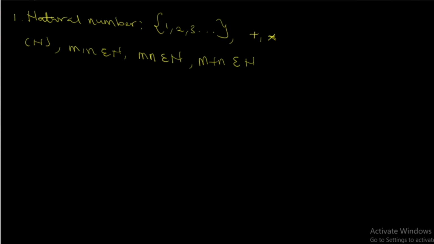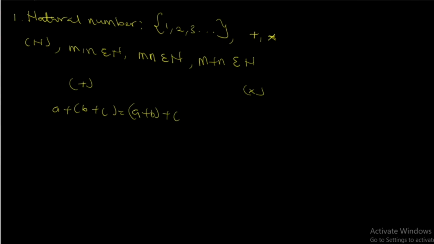Now, we have some properties under natural numbers, and let's break it down. The properties are categorized into the addition property and the multiplication property. So let's look at the first one, the associative property. With the associative property for addition, we know that a plus (b plus c) is equal to (a plus b) plus c.